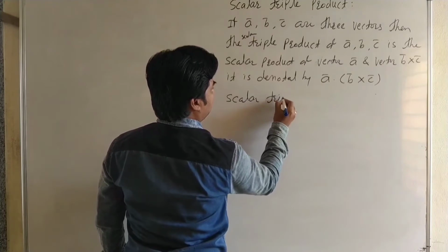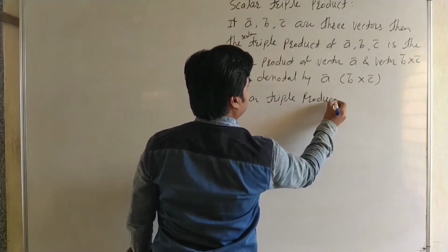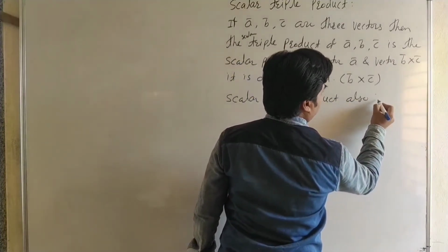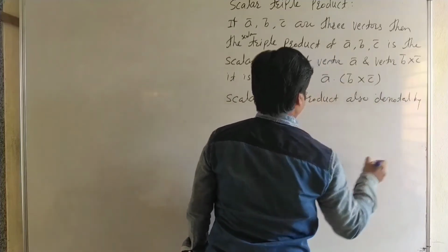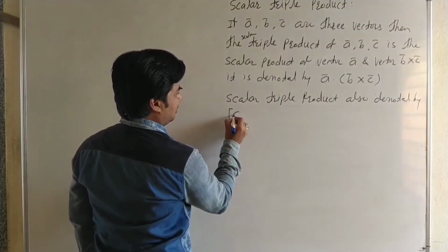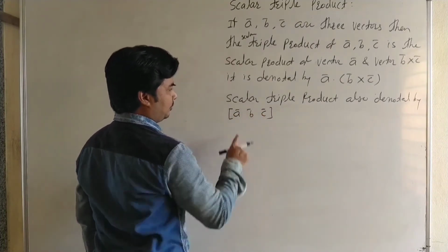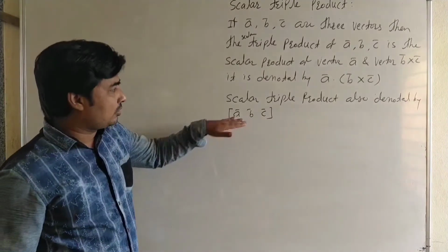Scalar triple product is also denoted by A bar, B bar and C bar. It does not take a comma. Only simply A bar, B bar, C bar. It is the triple product of these.